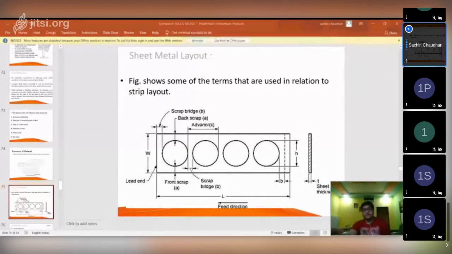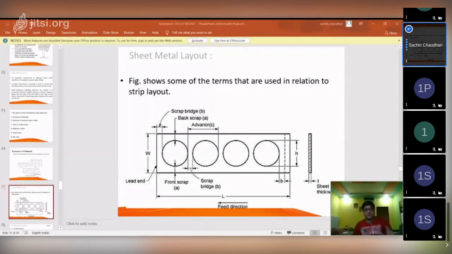So sheet metal layout, guys, this is the first step actually, we can say, while designing any blanking die set. Okay, because according to the layout or according to the shape of your strip or a product, we design all our die block, die set, die opening, then your punch.